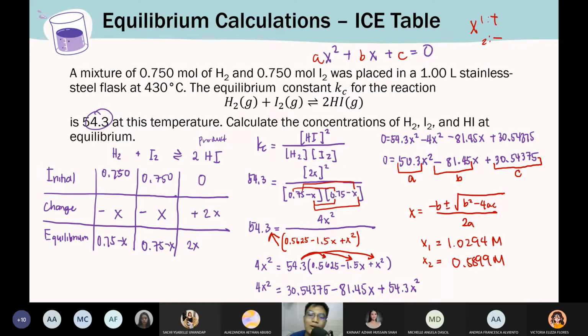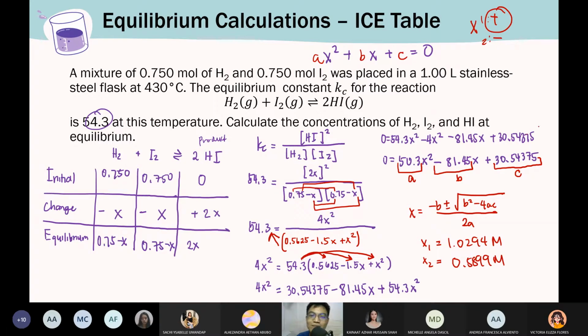Baka makakita kayo ng imaginary number, walang ganon. There's no imaginary concentration. So whenever you see a root that is negative, you eliminate it from your options. Don't choose it. So positive yung pipiliin mo. Pero in our case, parehas silang positive.